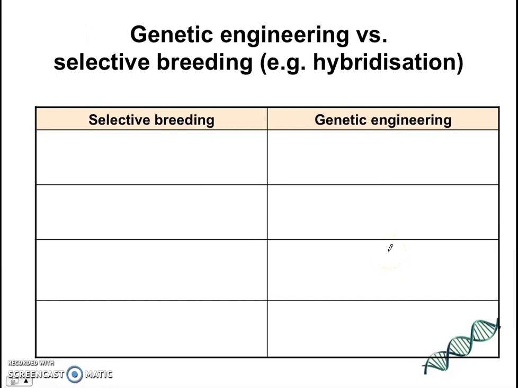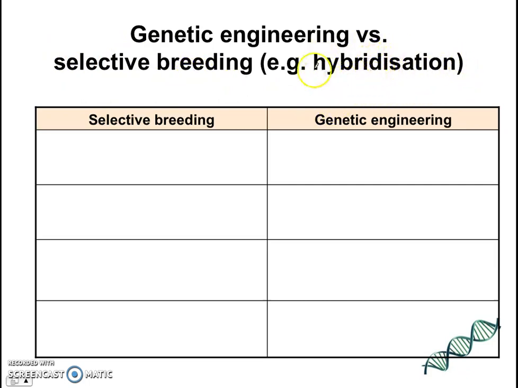Okay, so the last thing I'm going to cover is a comparison between genetic engineering and selective breeding. Remember when we looked at artificial selection, we looked at this idea of selective breeding and hybridization.